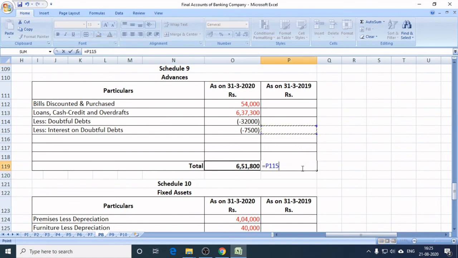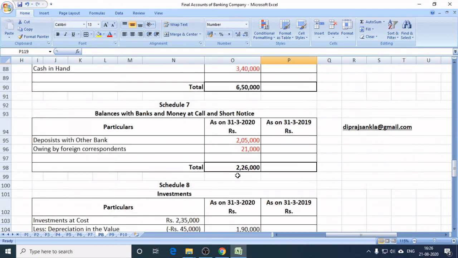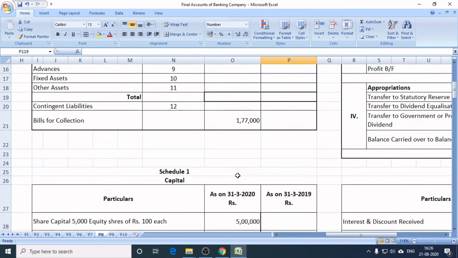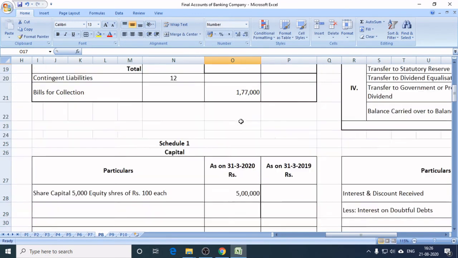I'll first add this figure with this figure, and from that figure I'll deduct 7,500 along with 32,000. So 6 lakh 51,800. So this is right. Number 9, 6 lakh 51,800.